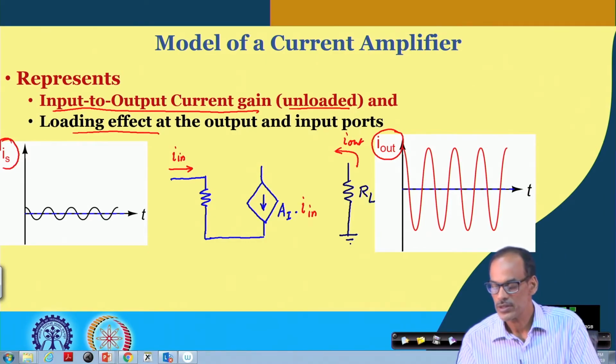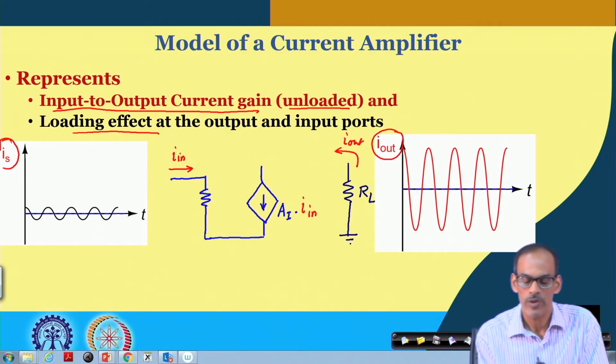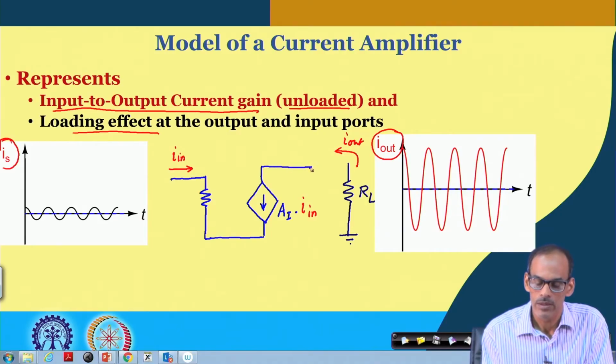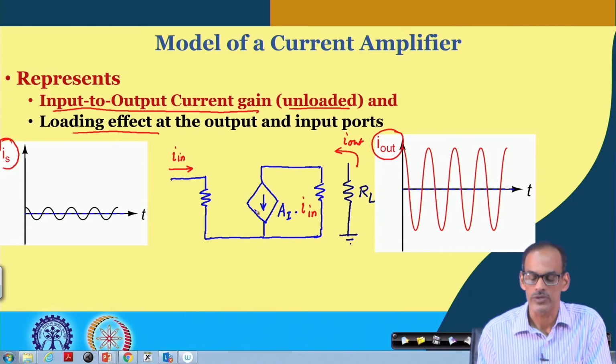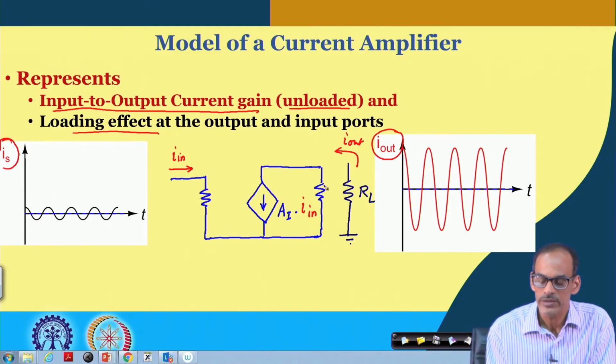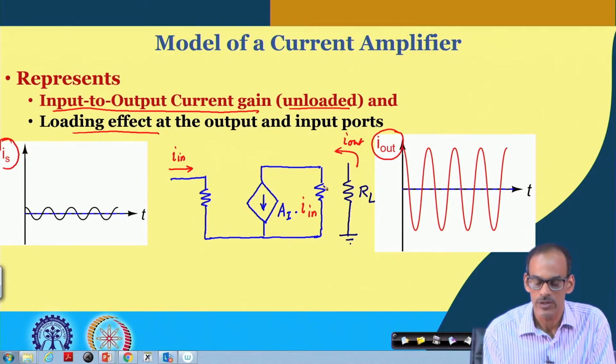In other words, we must add one non-zero conductance to this element in parallel with this current dependent current source. Either you may say this conductance is G naught, or you can write it in terms of resistance called R naught, and the output port of course is here.